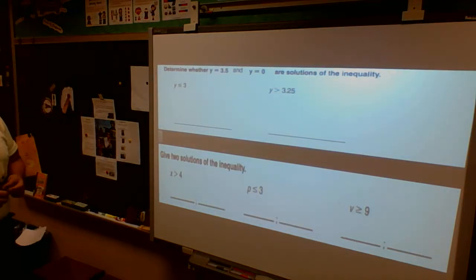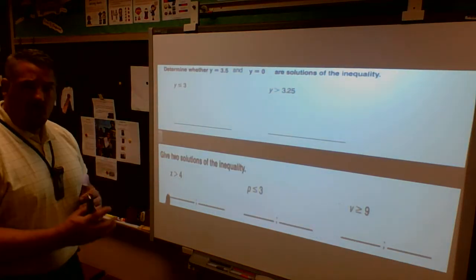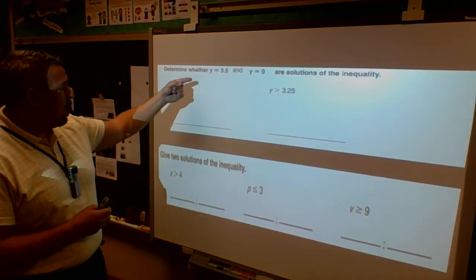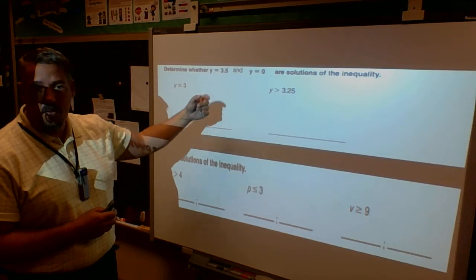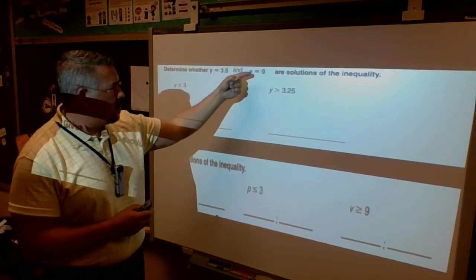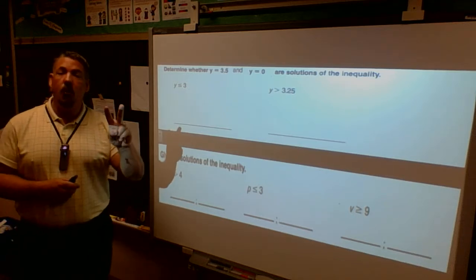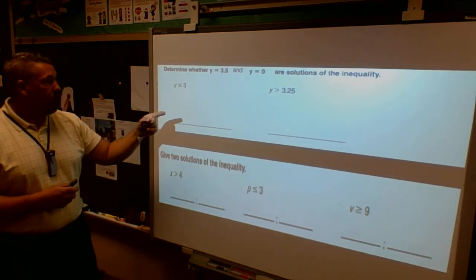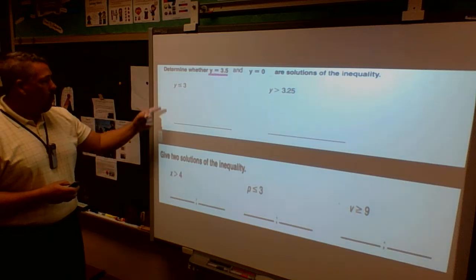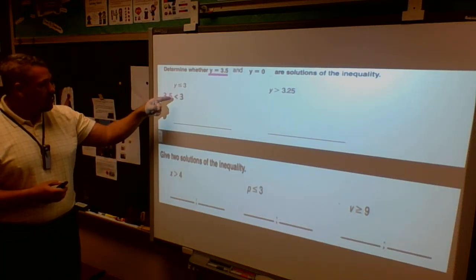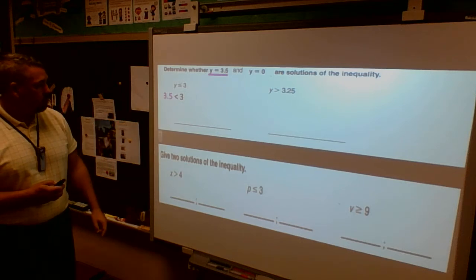All right, so what about these? These are a little different, but I'm just going to do the same type of thing. Determine whether y is equal to 3.5 and y is equal to 0 are solutions of these inequalities. So now I'm going to have two answers for each of these. If I plug in 3.5, is 3.5 less than or equal to 3?